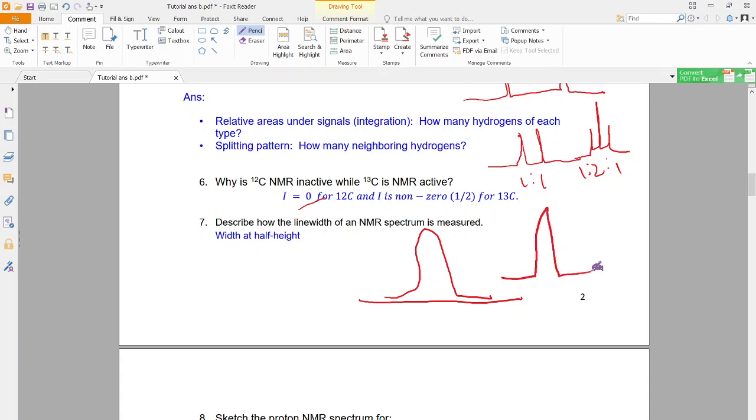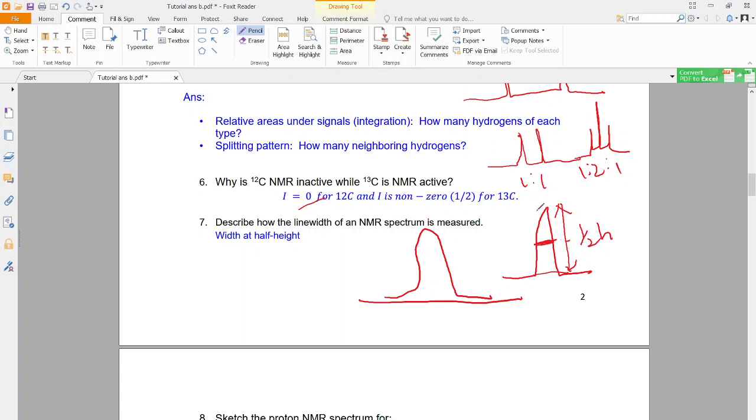If you have something like this, say this is the baseline, so this is the height. Roughly at half height is here. So this is half the height. That means this is where the line width of the peak is. That's where you get the value for the line width.